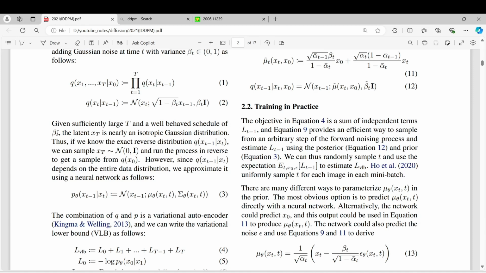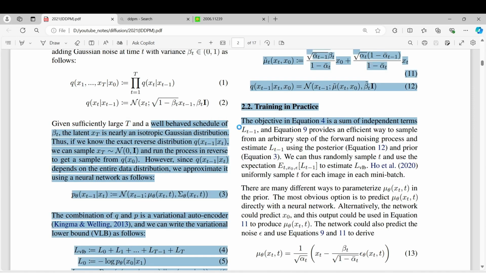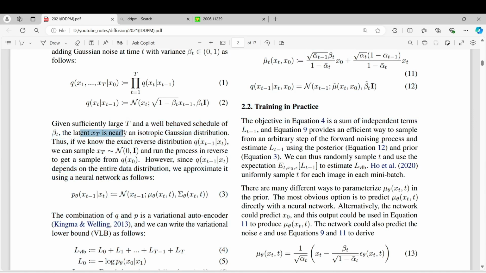Such as marketing. So if you increase this large T and have a good schedule of beta_t, then x_T is nearly an isotropic Gaussian distribution.